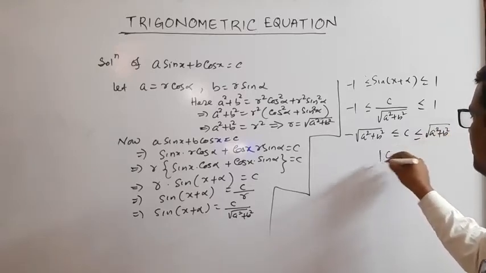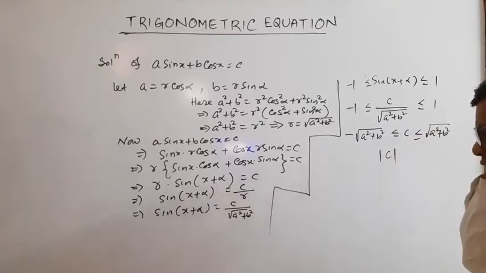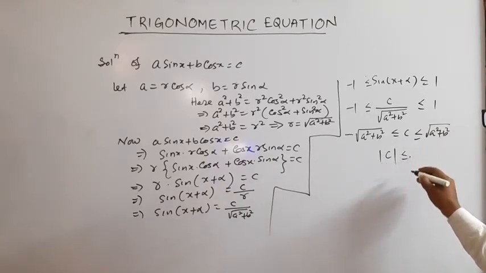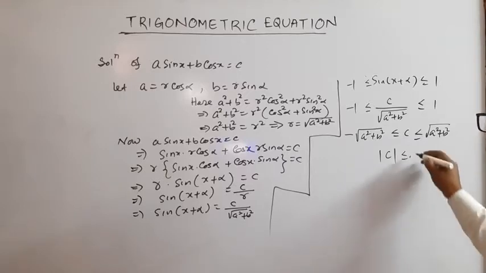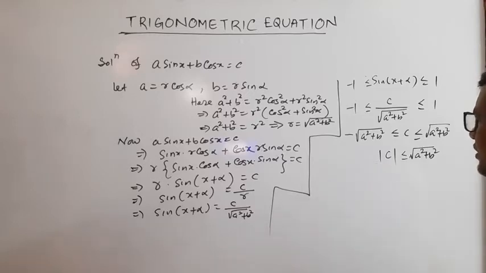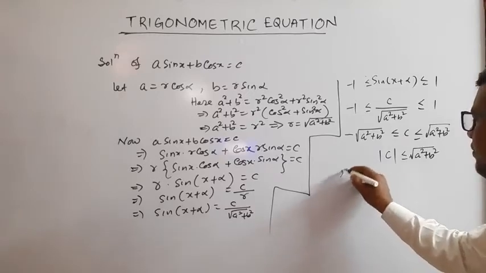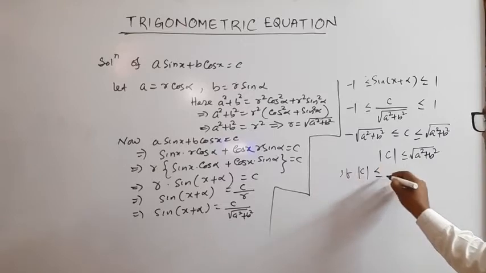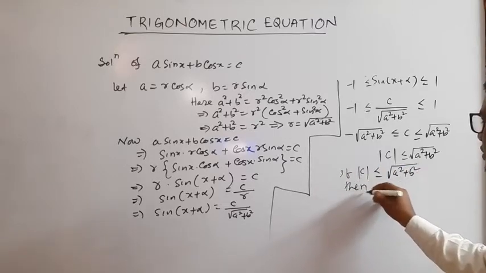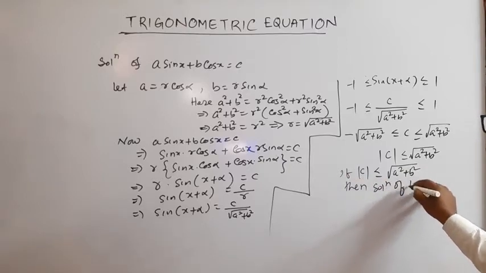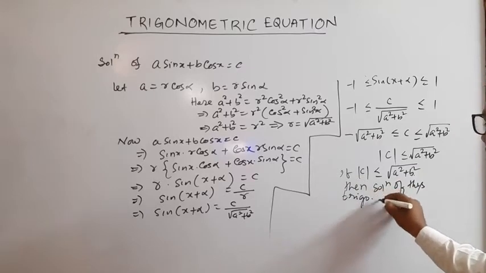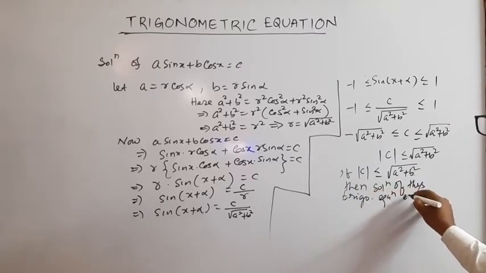That implies mod c is less than or equal to root over a square plus b square. If mod c is less than or equal to root over a square plus b square, then the solution of this trigonometric equation exists.